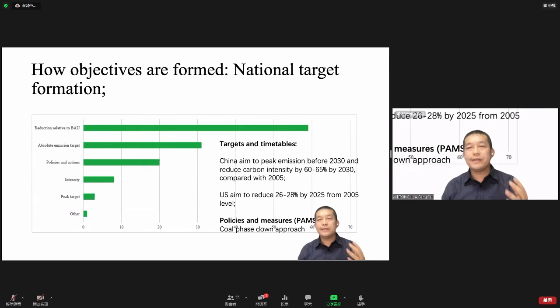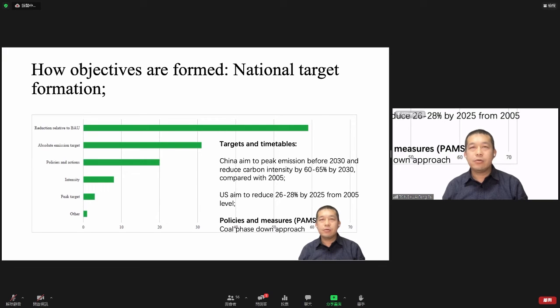For example, the coal example is not a target and not a timetable, because there is no quantified target on what is the percentage of phase down. And there's no timetable. We don't know how and when the coal will be phased down. But that is about policies and measures, we call PAMs, which countries converge to use, especially on the coal phase down approach.